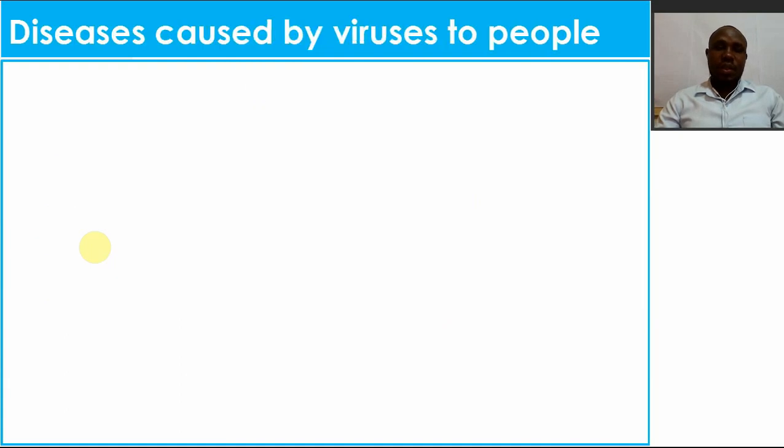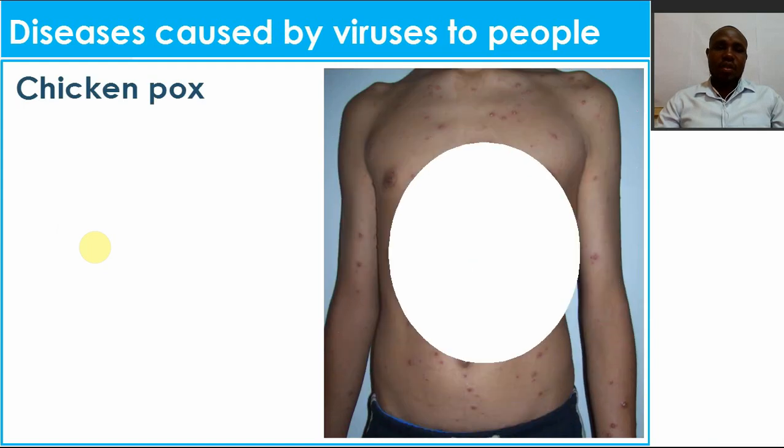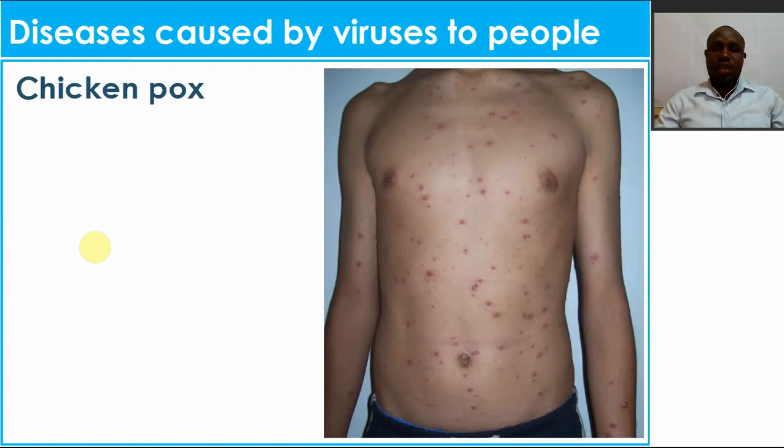Let's move on and look at some diseases which are also caused by viruses. We still have chicken pox. Are you seeing the chicken pox? My boy is suffering from chicken pox. Chicken pox can also be called fowl pox or smallpox.